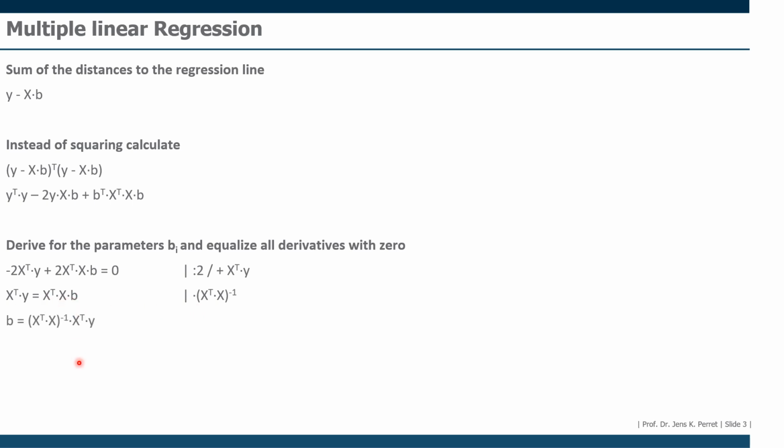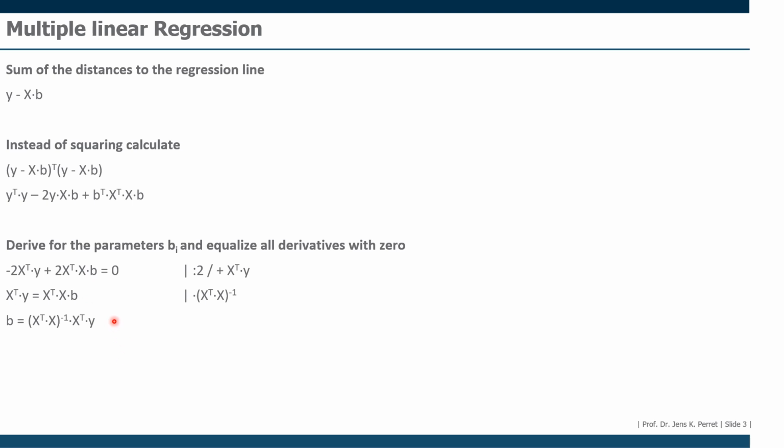And it looks like this. So here, that's actually the solution for our vector b, in a way that those coefficients minimize the squared difference between actual values for y and estimated values for y.